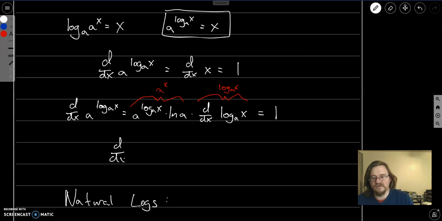So the derivative of log base a of x is going to be 1 divided by this guy, a to the log base a of x times the natural log of a, and this guy is just x.